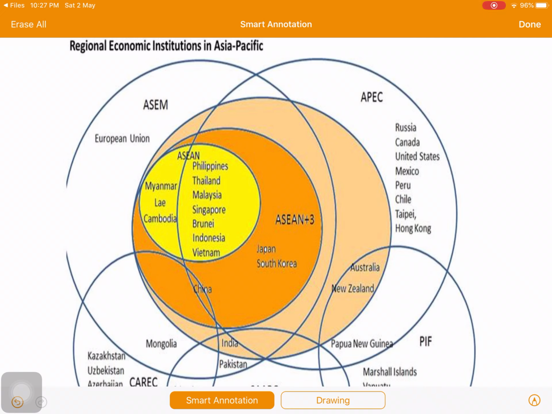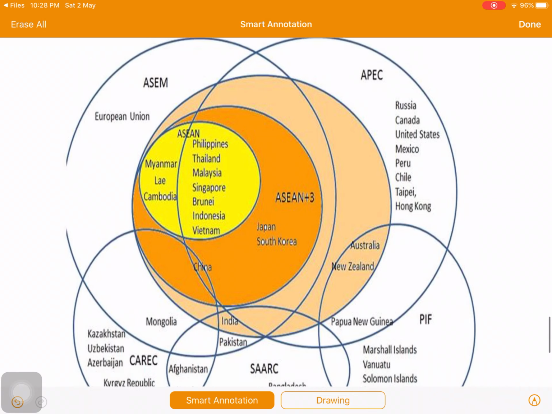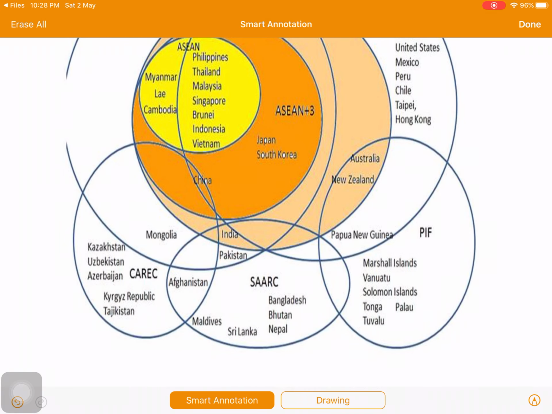So APEC countries, ASEM, the European Union, ASEAN countries, ASEAN plus 3, PIF, SAARC, BRICS, whatnot, everything came into the picture. Hence we need to understand that, based on this, the new regionalism is taking its shape in the multipolar world order. And this new regionalism and multipolarity are in fact two sides of the same coin.